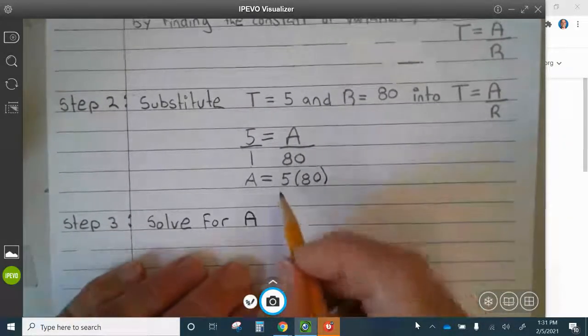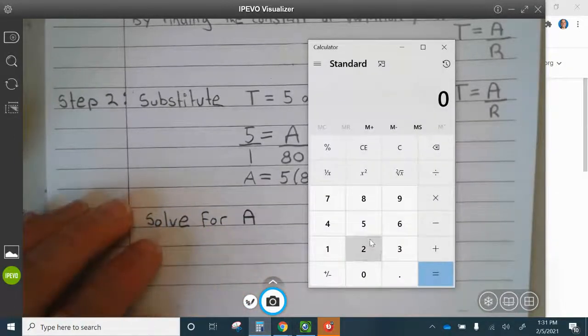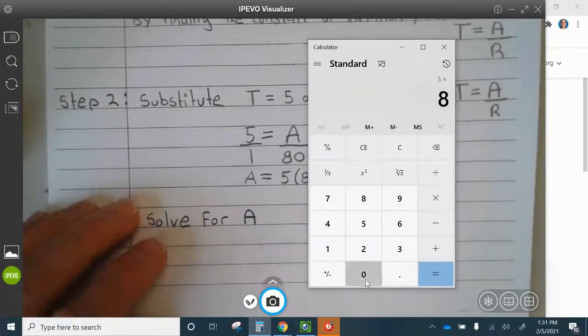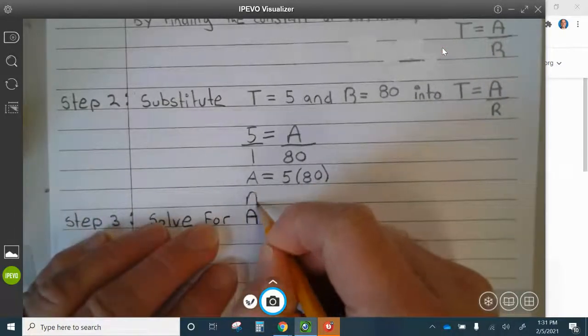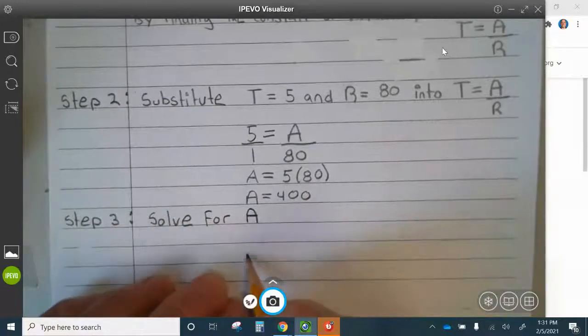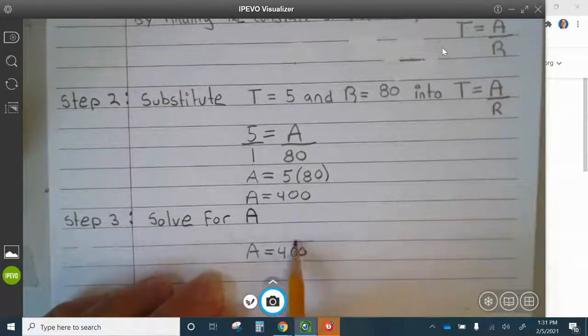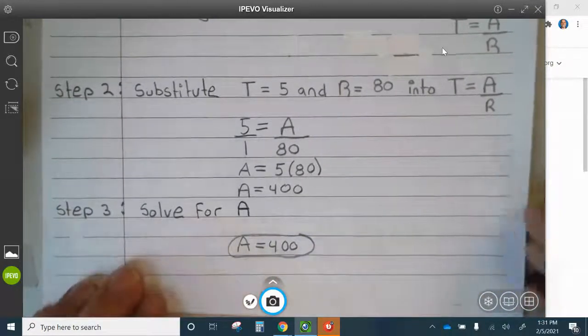Okay, so 5 times 80 is, we can just use a basic calculator here. 5 times 80 is 400. So a equals 400. Okay, let's move on to the next step.